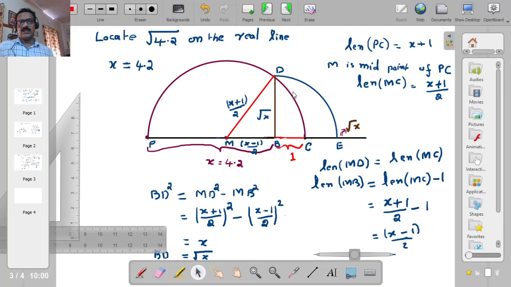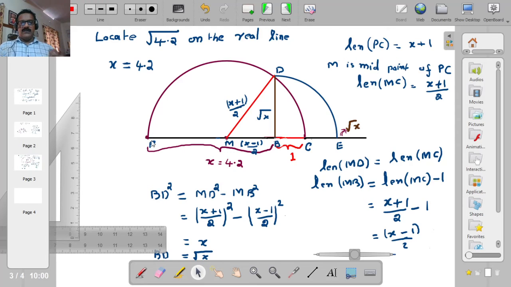So we have drawn a circle with center M and radius equal to MC. This is the circle.